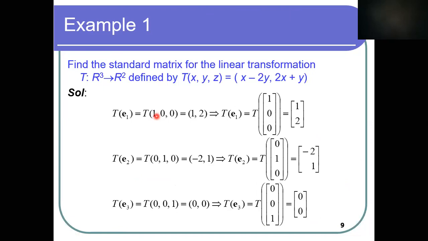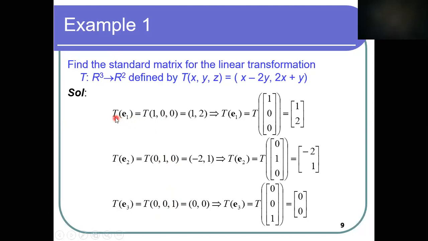So, dear student, how do we find the standard matrix for the linear transformation given in example 1? T is a transformation from R3 to R2 defined by this. The standard basis of R3 is (1, 0, 0), (0, 1, 0), (0, 0, 1).